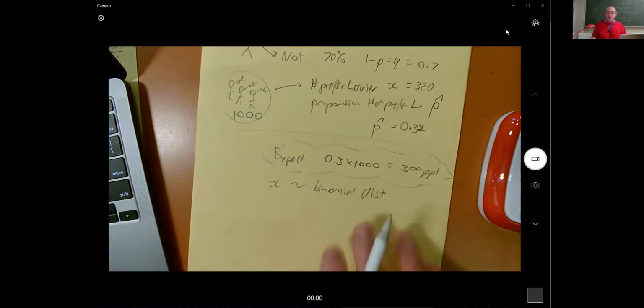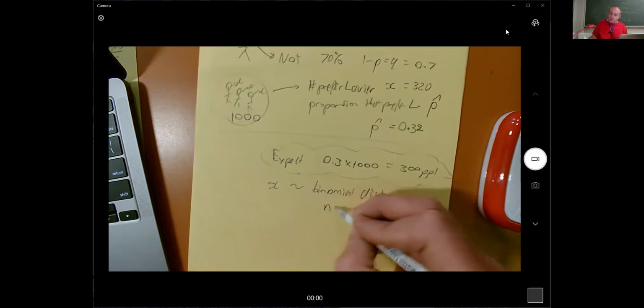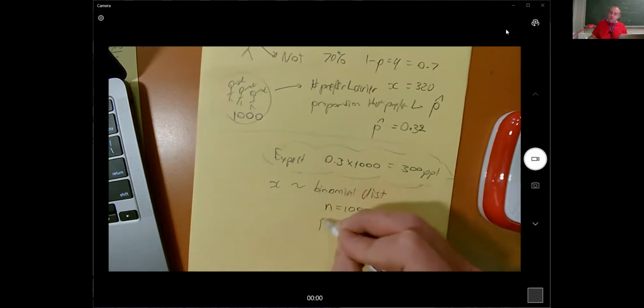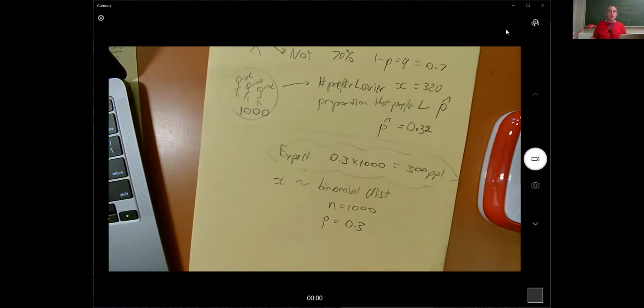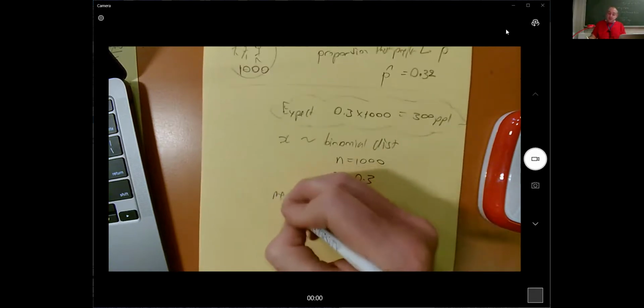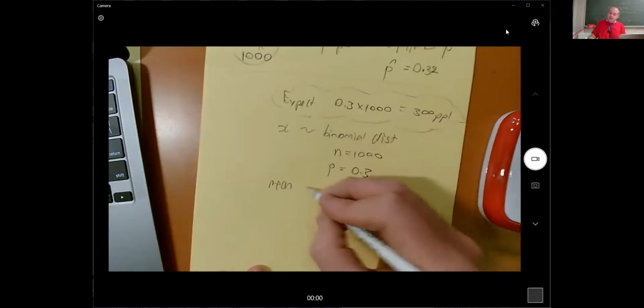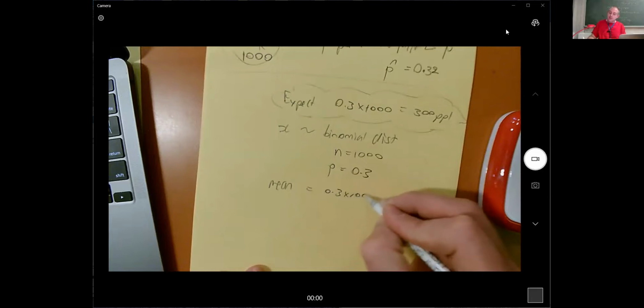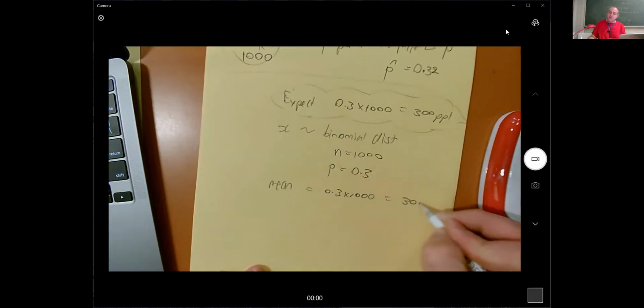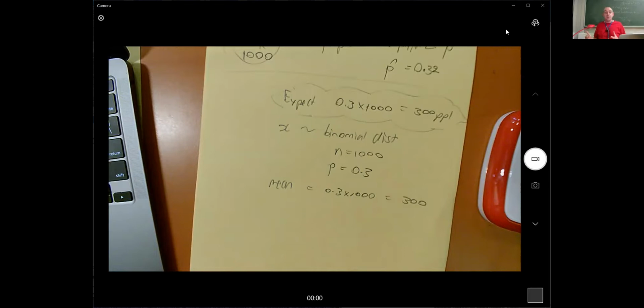Okay, so this is a binomial distribution with 1,000 trials and probability of success 0.3. And so the mean is 0.3 times 1,000, which is 300 people. That's what I would expect on average.